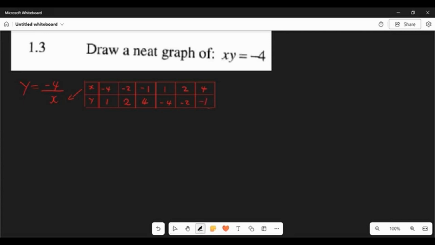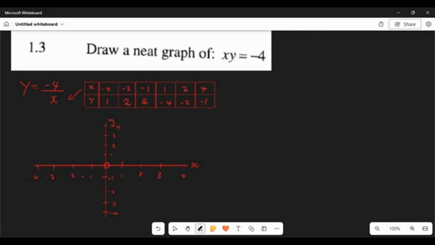As you can see now, we have the coordinates for this graph. The next thing is to draw your Cartesian plane. Alright, so as you can see now, we have these values here. Now let's look at the first point. When x is negative 4, this is our negative 4. What is our y? Our y is going to be positive 1.